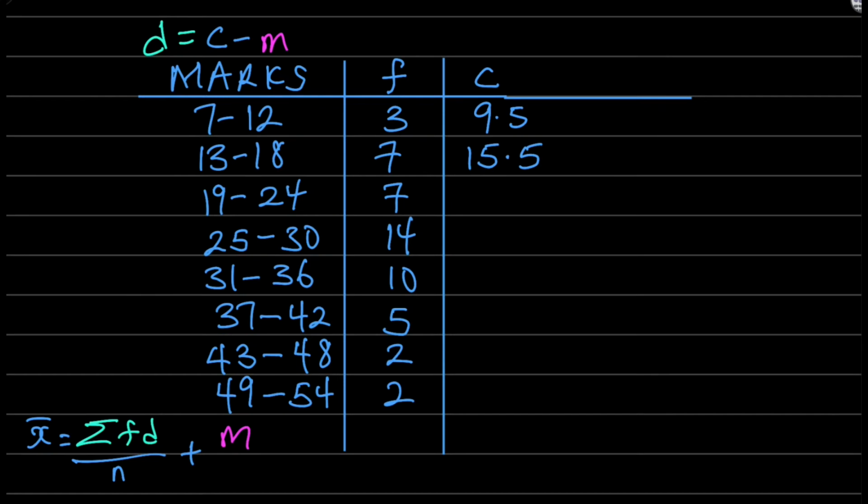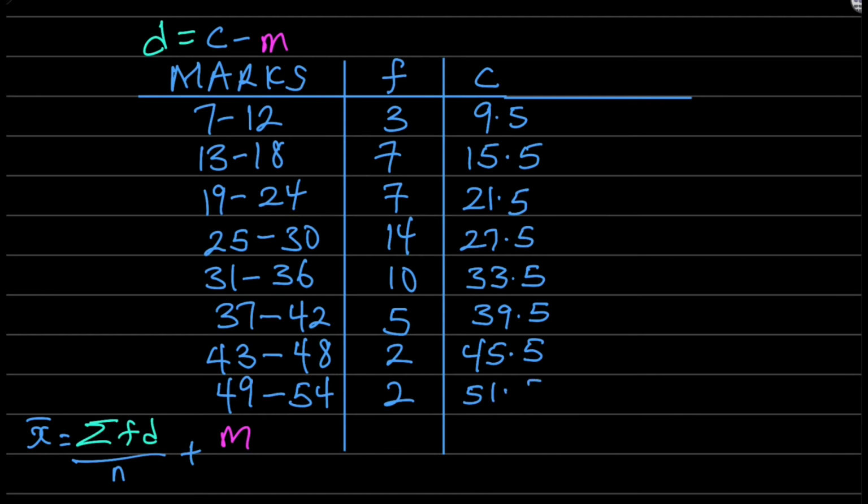That should give us 21.5. 25 plus 30 divided by 2 would be 27.5. This would be 33.5. Here we have 39.5, 45.5, and finally 51.5. You can pause the video and use your calculator to confirm these values.